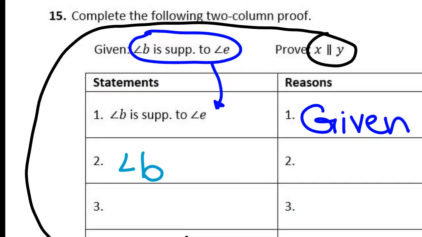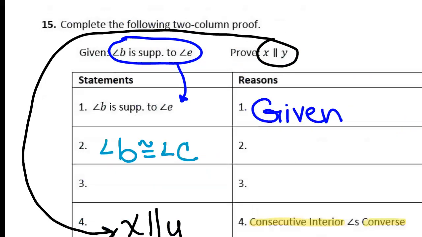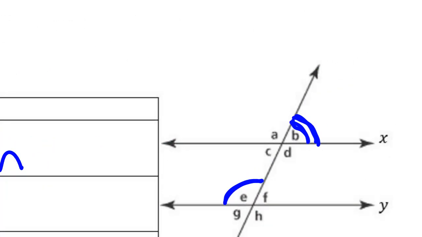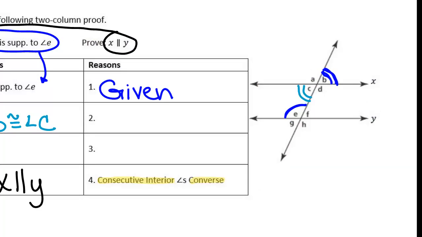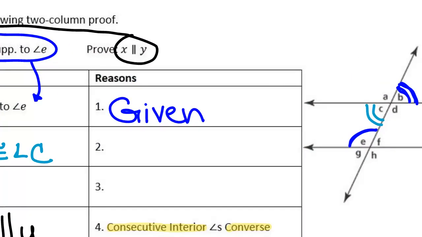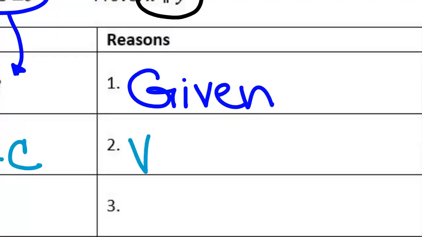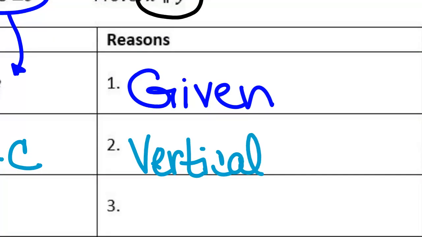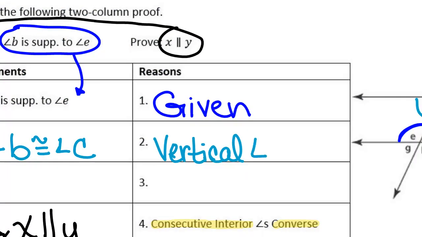Angle B is congruent to angle C. Why? They're vertical angles, yes. So vertical angle theorem.